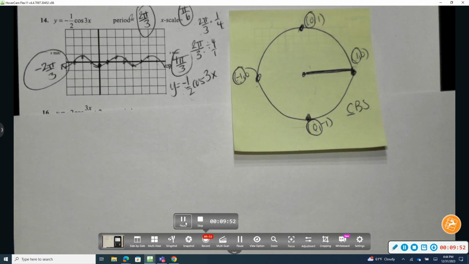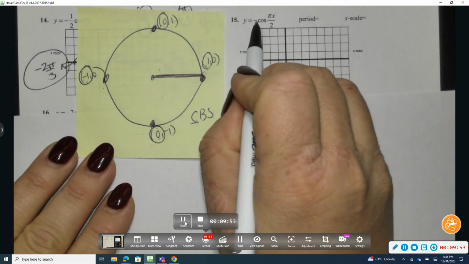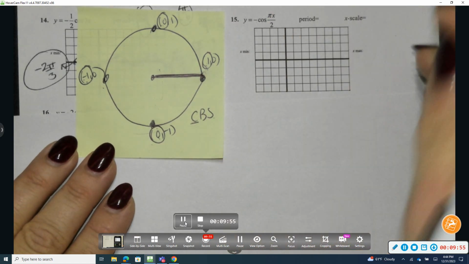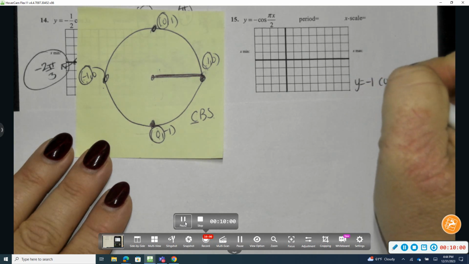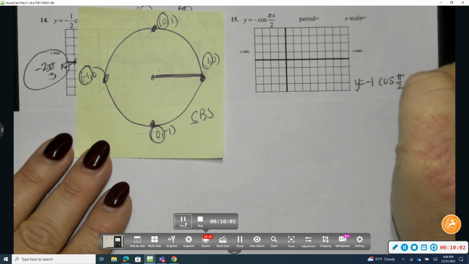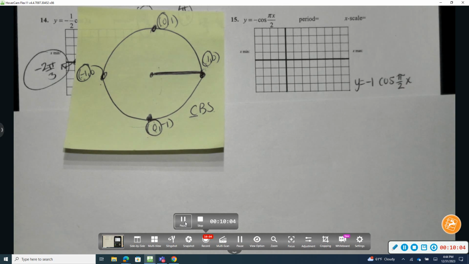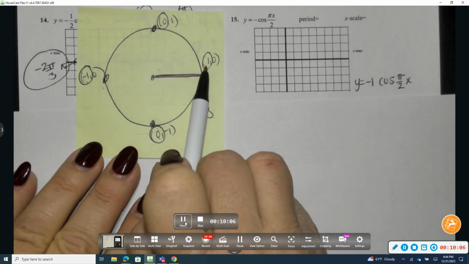Number 15 has a -1 hidden in front, and so I'm going to rewrite this here as y equals -1 cosine of pi over 2 times x. All right, so here we go with the outputs.